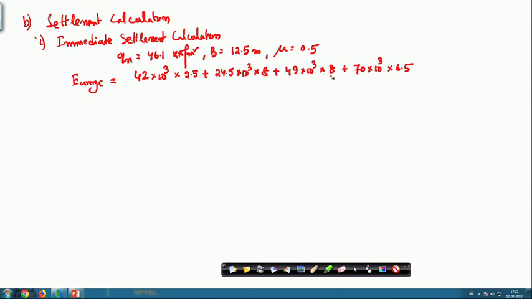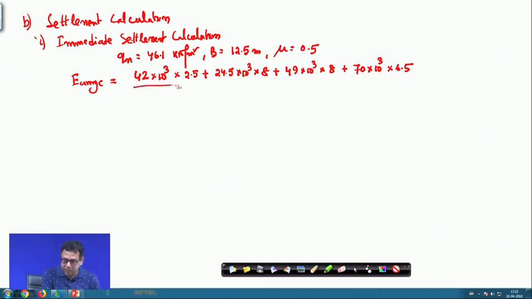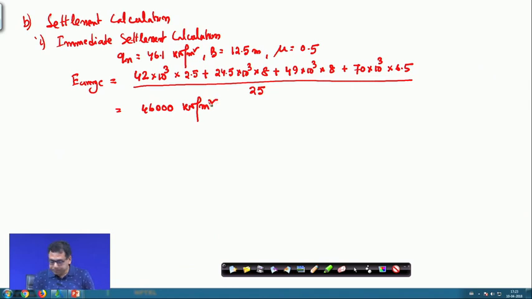So, total thickness 8 plus 8 plus 2.5 plus 6.5 will be 25 meter, okay, because that is the influence zone. So, my E value is 46,000 kilonewton per meter square.